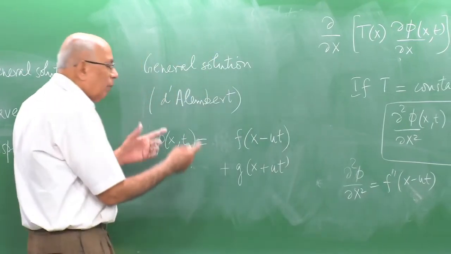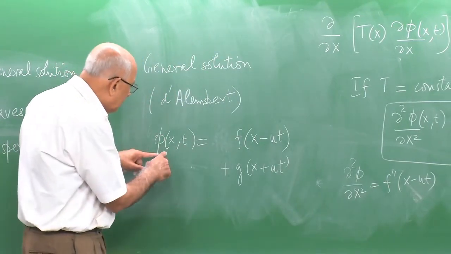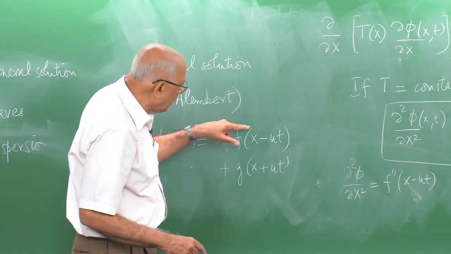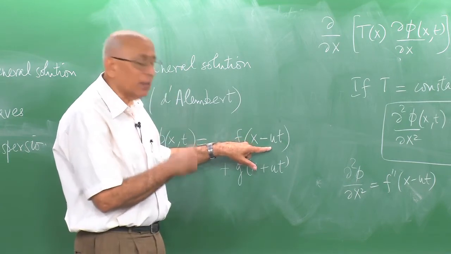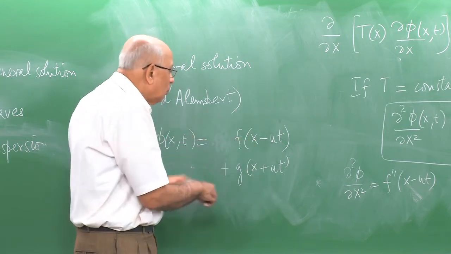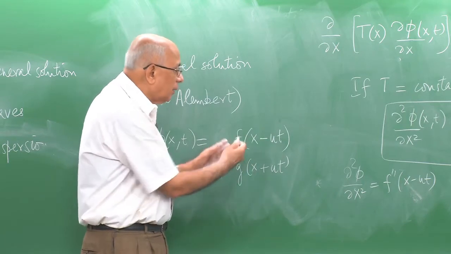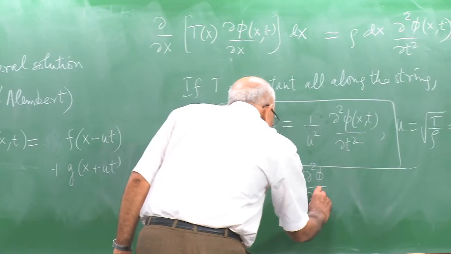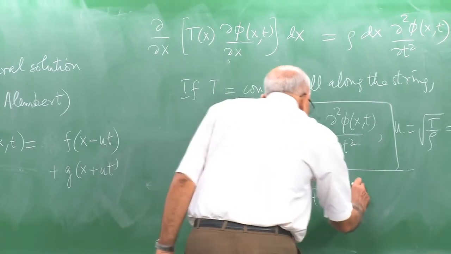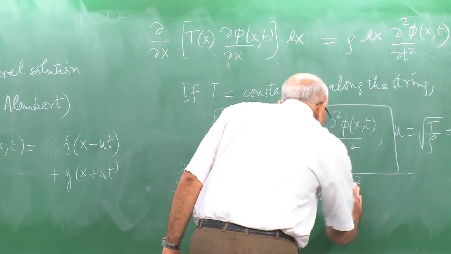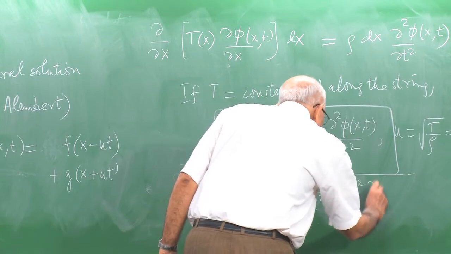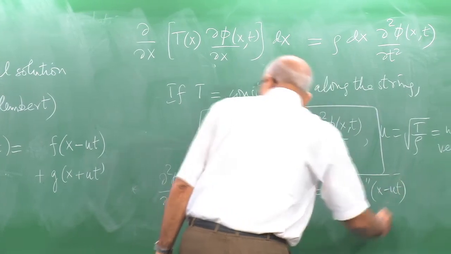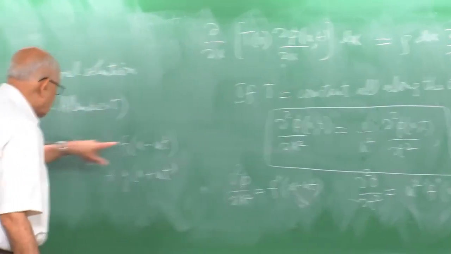On the other hand, if I keep x fixed and take a partial derivative with respect to t, every time I differentiate with respect to t, I get again an f prime and then a minus u out here. So, a second derivative would produce a minus u whole squared times f double prime. So, this would say d2 phi over dt2 is equal to u squared f double prime of x minus ut for this portion.